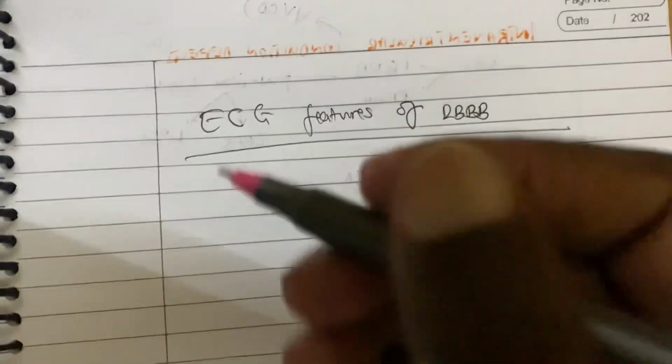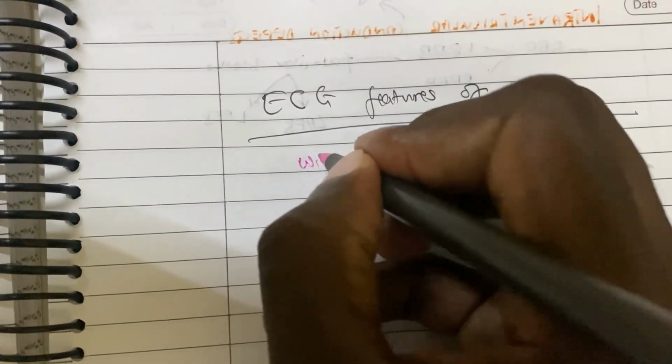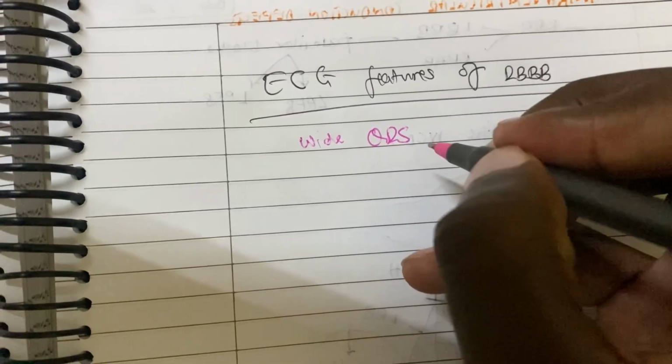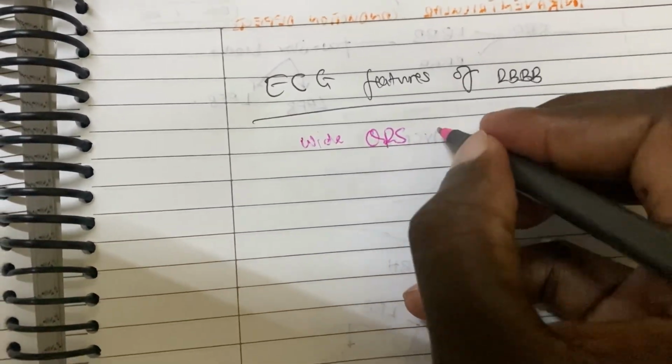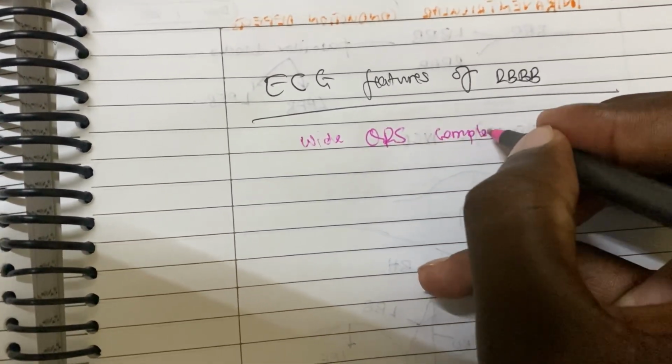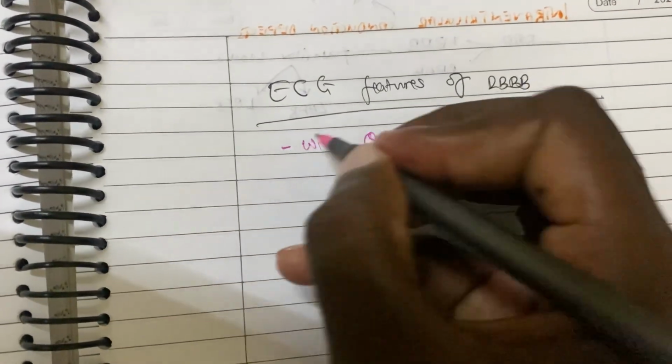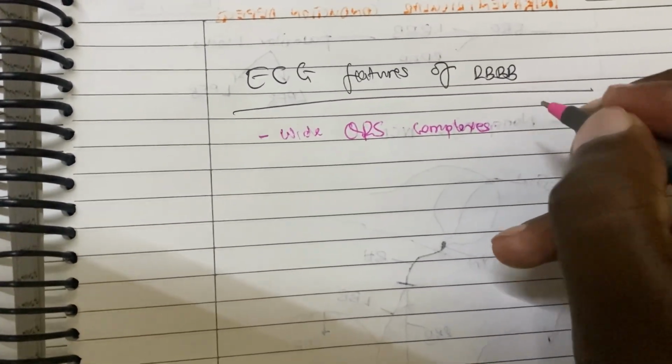What do we expect? We expect wide QRS complexes. Normal QRS is less than 120.